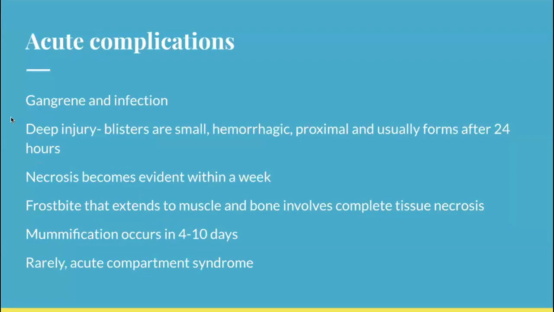Now, complications of frostbite. I already talked about how you want to prevent infection because you can have gangrene and infection. You can have necrosis, mummification of the foot. And then I mentioned fasciotomies. With all this reperfusion, edema, and inflammation, you can have acute compartment syndrome.